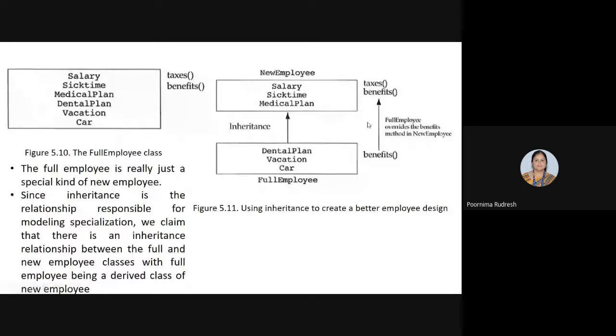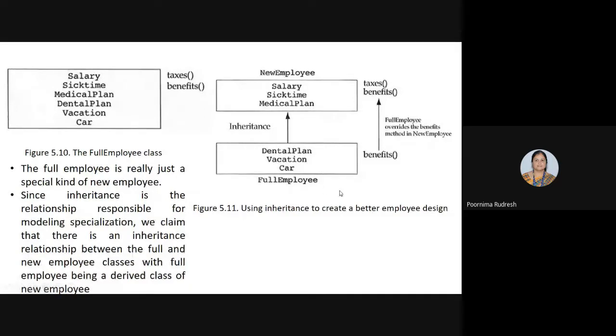The benefits method is overridden from the new employee, using the same method name, benefits. Along with that, the full employee modifies the code according to the benefits the full employee is getting: dental plan, vacation, and car benefits.